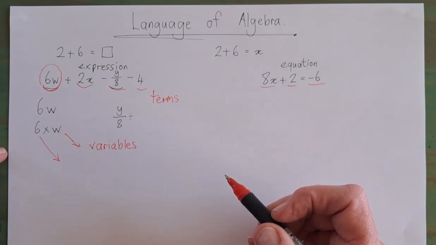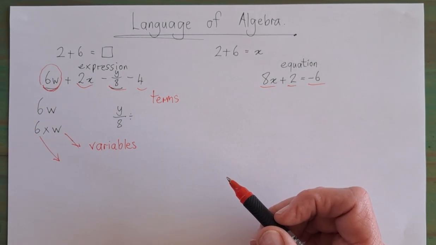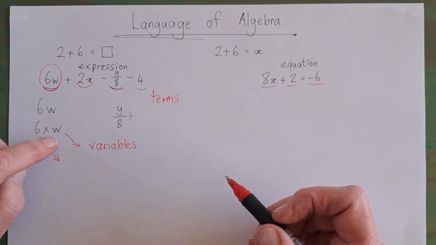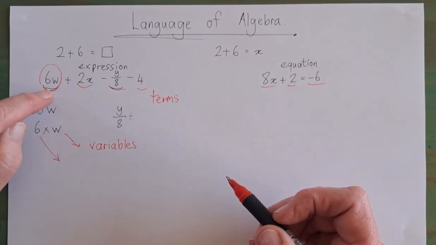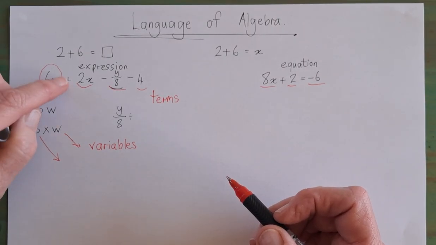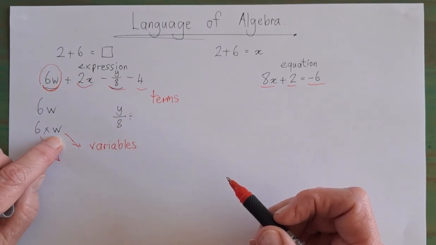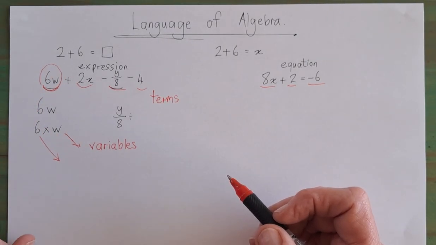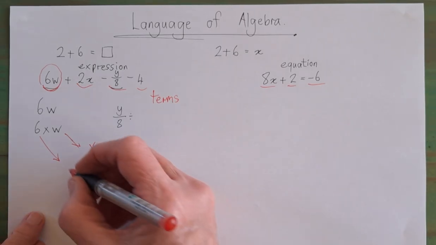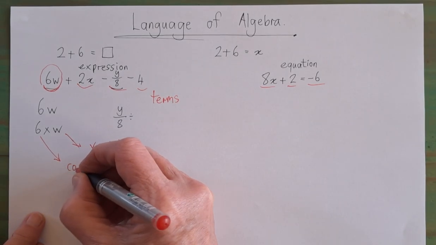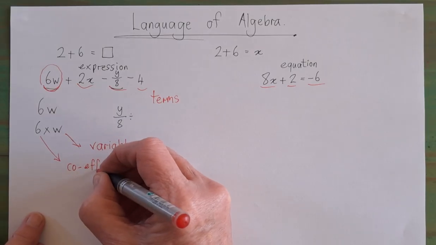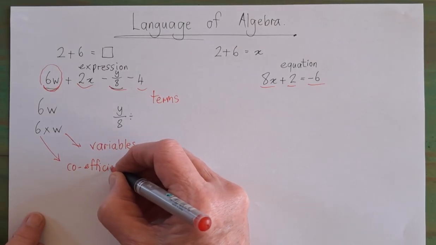If w had the value of 6, then it would be 6 times 6, which would be 36 for that term. So this term is very dependent on the value of the w. And as I've said, at the moment, we don't know what the value of the w is. But the number that stands in front of a variable is called a coefficient.